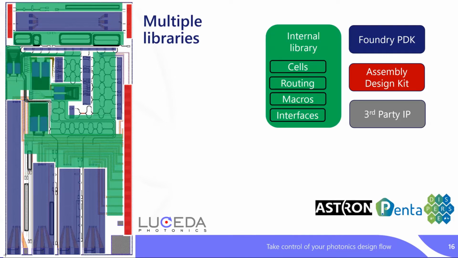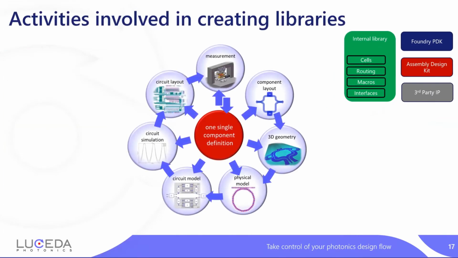And then there's your own internal library, let's say, with a variety of cells and maybe routing functionality that you write yourself specific for this design. For all of these libraries, there are certain activities that you need to do. If you talk about a PDK, you're more in the realm of component layouting and optimization, making 3D geometries to send to physical simulation tools.